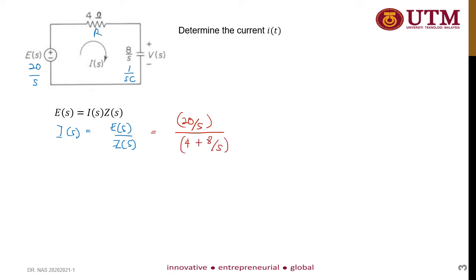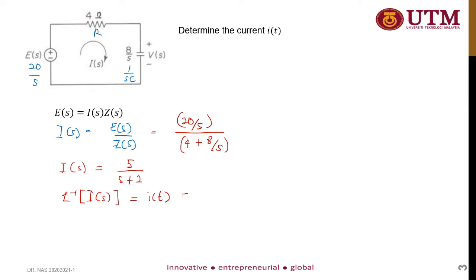So next you need to simplify this equation and you'll get I(s) equal to 5 divided by s plus 2. Okay, so in order to get i(t), you need to perform inverse Laplace transform of I(s), and you will get i(t).